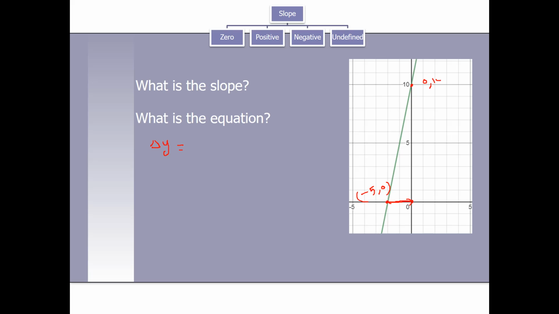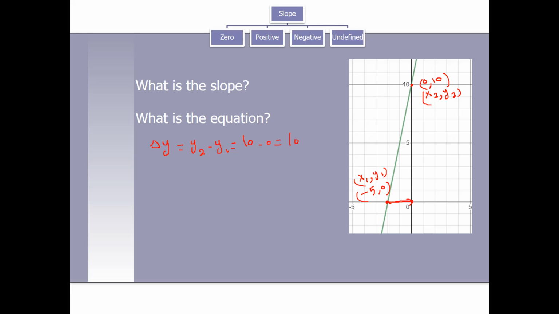Okay, so what you need to do is you find delta y. Delta y, the difference between y, yeah, you can call this point x1, y1. You can call this point x2, y2. So always, if you want to find the change, delta y equals y2 minus y1. So y2 is 10, minus 0 is 10.